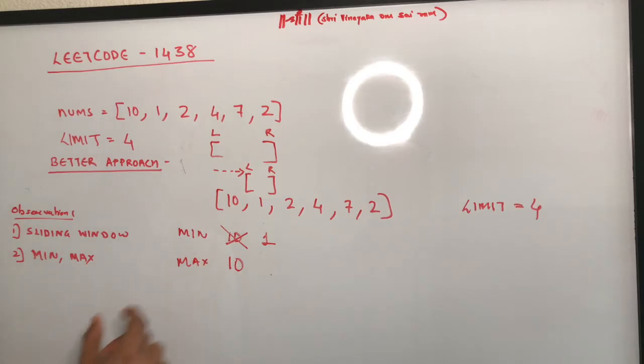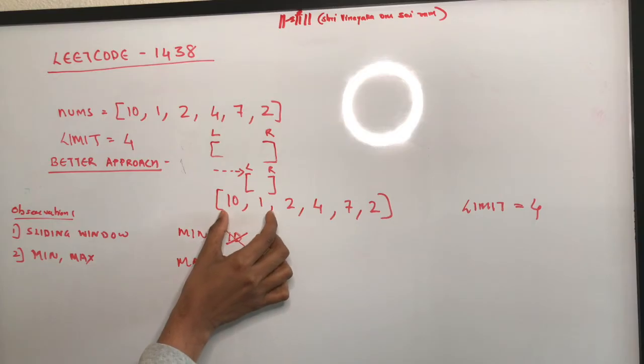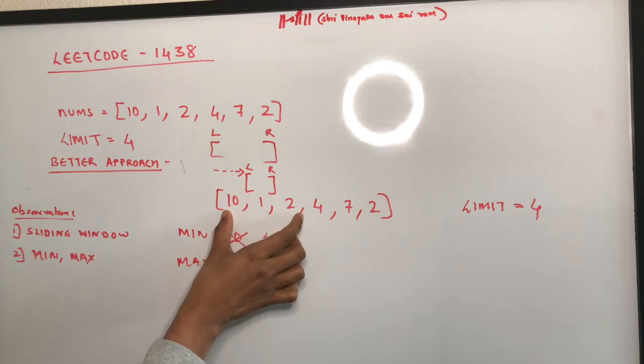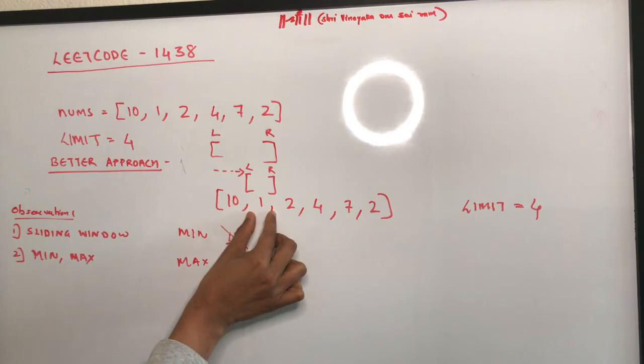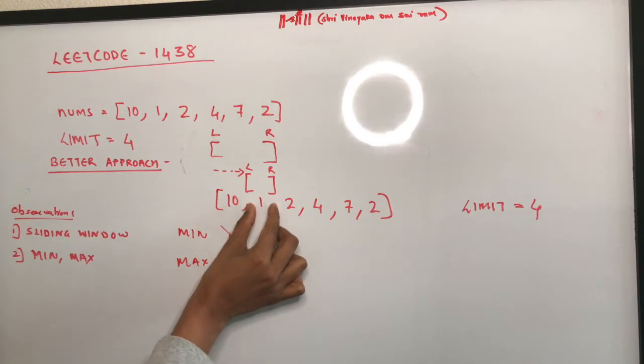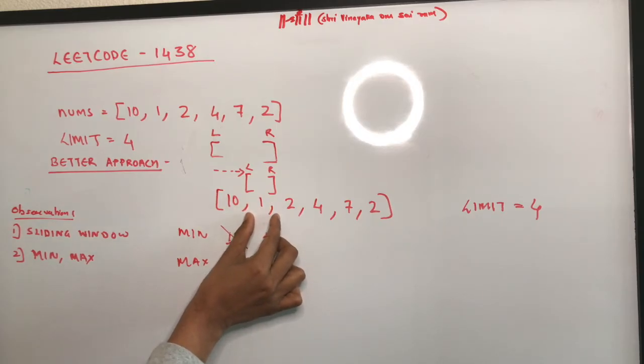So just to reiterate, we identified that these two cannot satisfy the constraint, and we also know that we cannot expand the right side of the window, and hence we have to shrink the left side and exclude 10 and check whether the remaining elements, in this case only 1 element, satisfy the constraint or not.